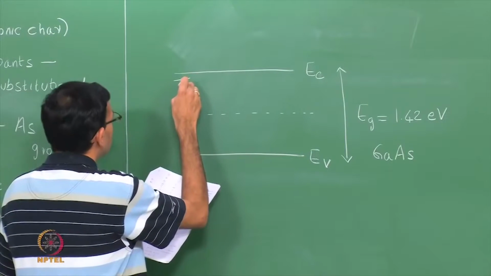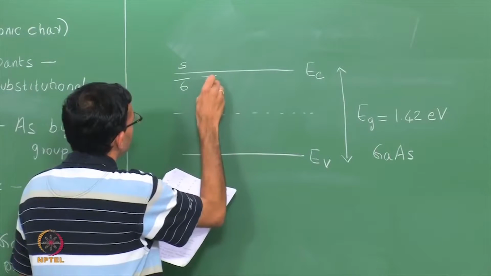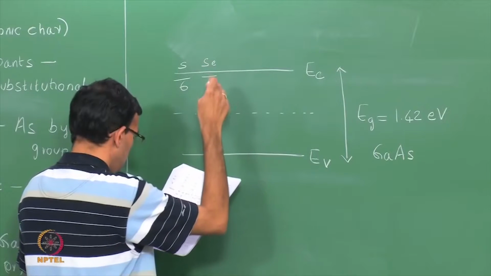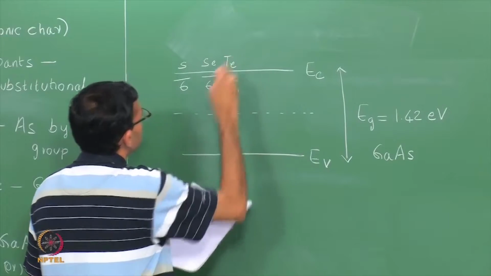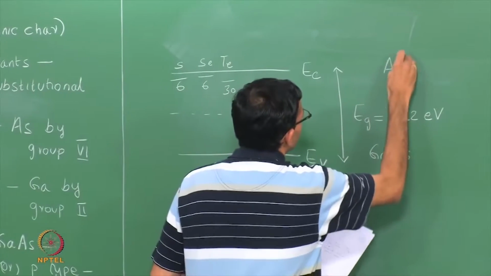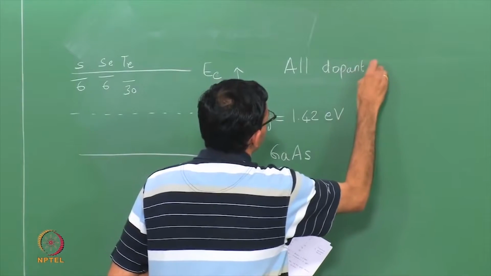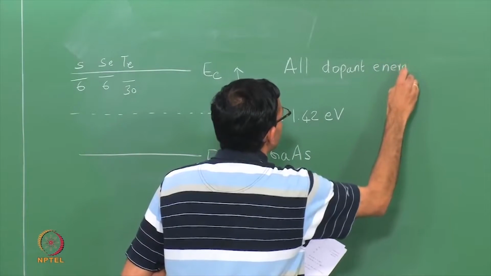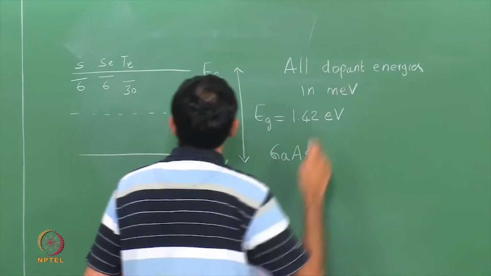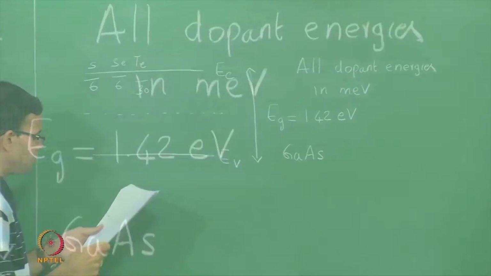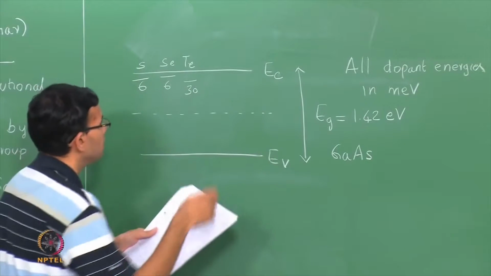This one is sulfur, selenium is also very similar, tellurium is here. Again, all the dopant energies are in milli electron volts, which means the diagram is not really to scale, but we will just show it semi qualitatively. So, we have a rough idea.